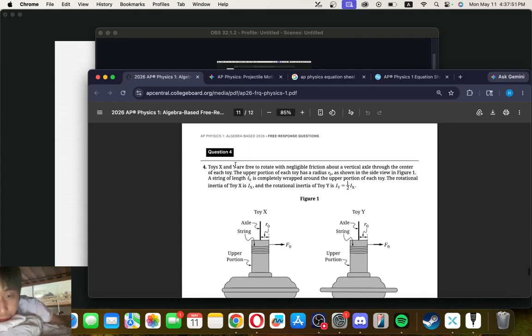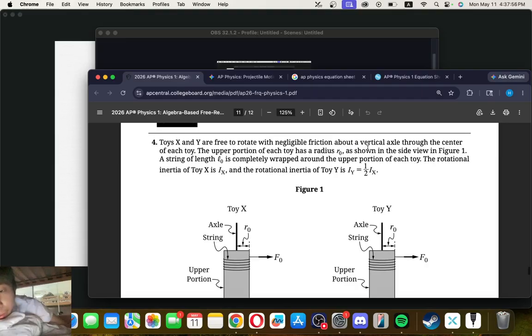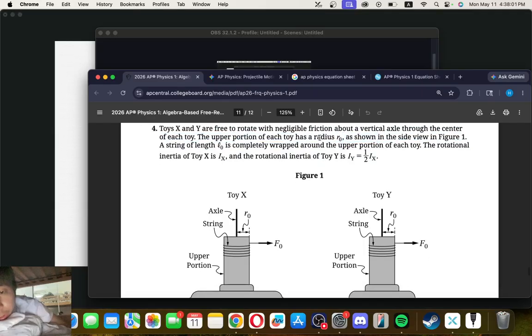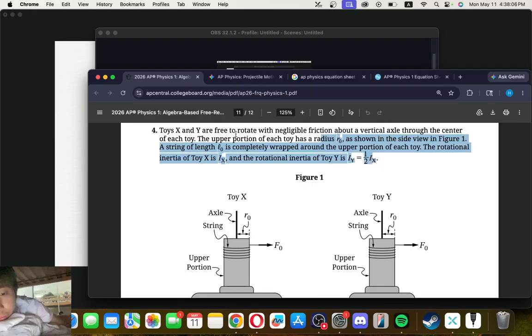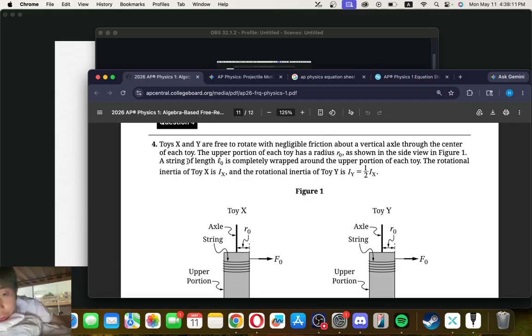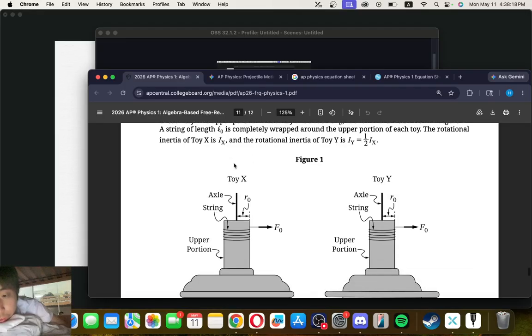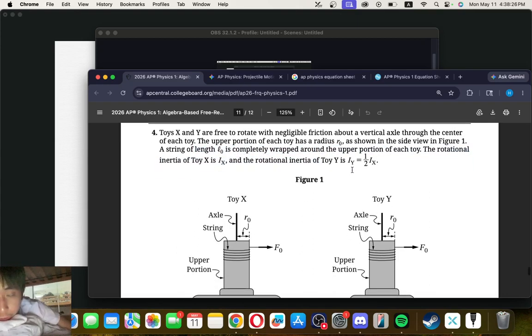Okay. Toys X are free to rotate with negligible friction about a vertical axis through the center of each toy. The upper portion of each toy has a radius R0, as shown in the side view of figure 1. A string of length L0 is completely wrapped around the upper portion of each toy.